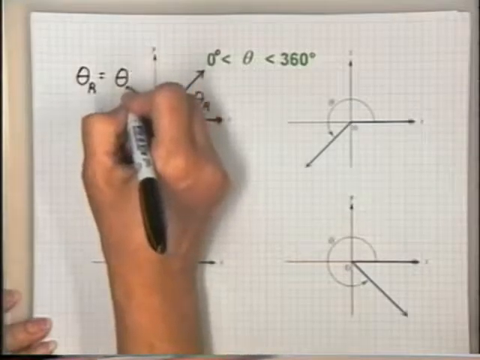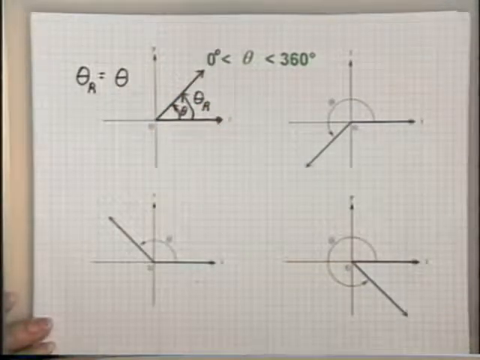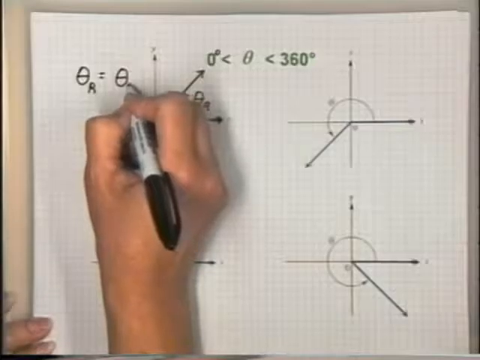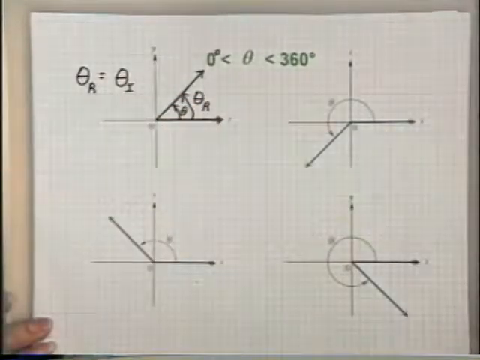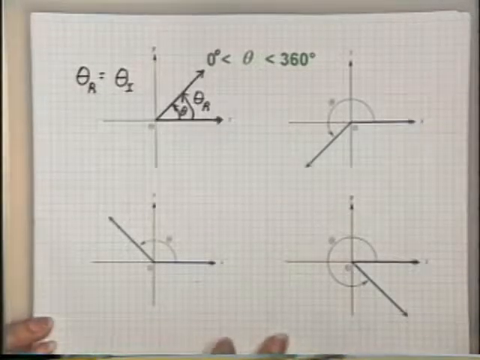Now, to denote that it's an angle whose terminal side is in the first quadrant, I write as a subscript a little Roman numeral 1 standing for quadrant 1.